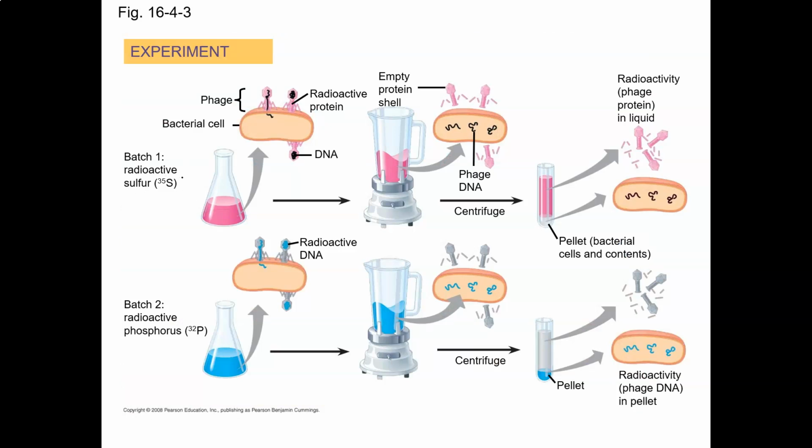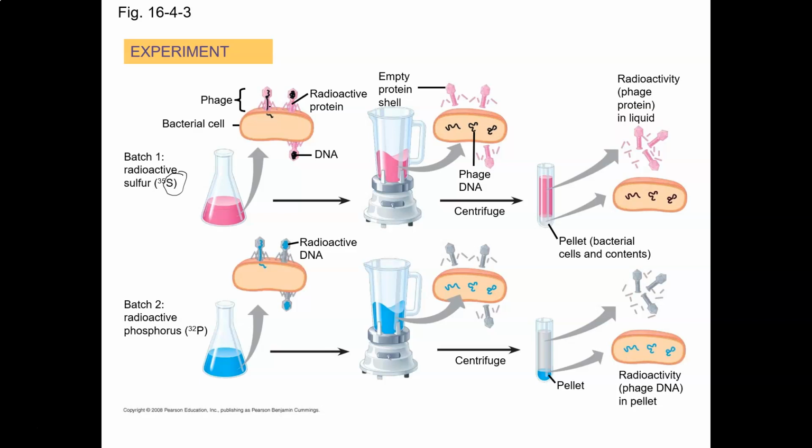First of all, it's good to know a little chemistry here to explain this. Proteins contain sulfur, but DNA does not. So they used radioactively labeled sulfur to label the proteins in the viruses. They grew viruses in the presence of this radioactive sulfur.